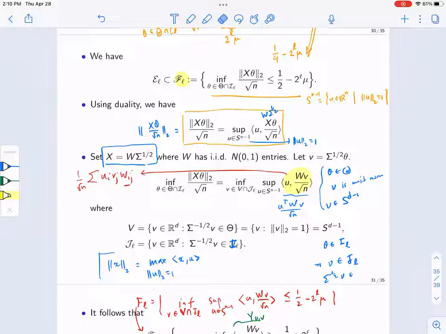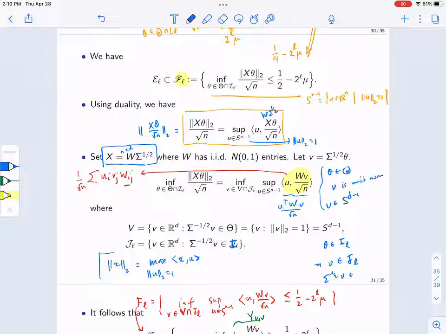So now W is a matrix n by d, which is filled with IID standard normal entries. So it's a very nice uncorrelated matrix, with everything independent. And then we absorb the Sigma^(1/2). So you can see Sigma^(1/2) times theta, I define a new variable v, and push the complexity of Sigma into that variable.